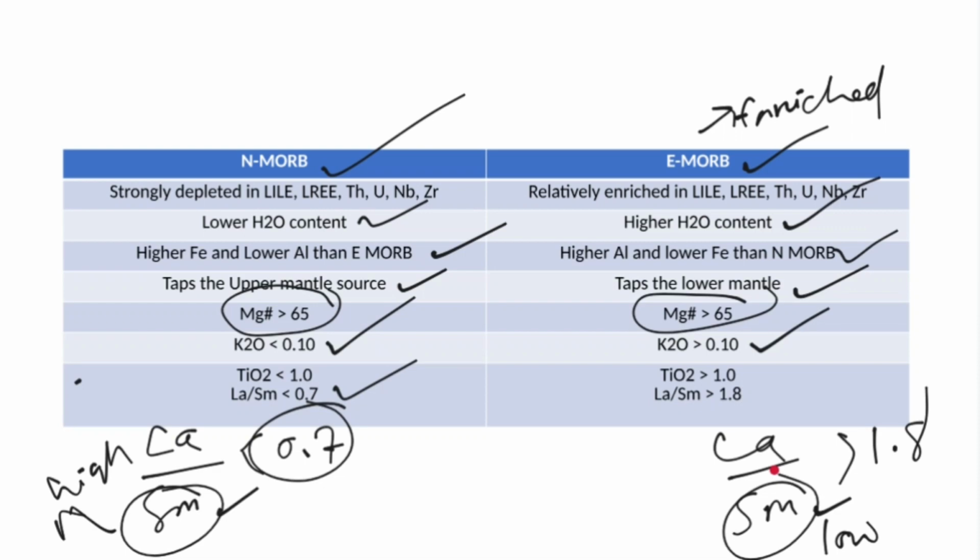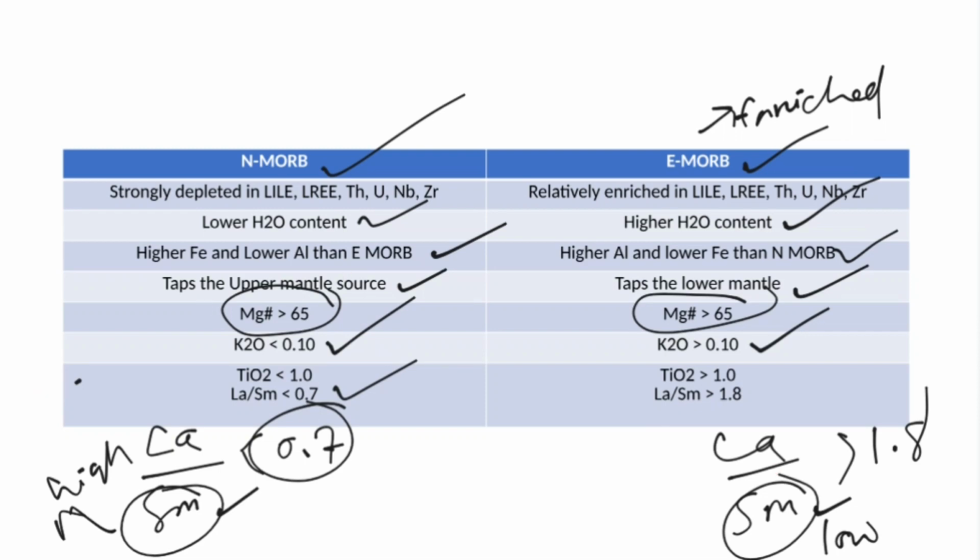I have already told you that the mantle is higher in samarium neodymium content. So when we are talking about the mantle, the lower mantle is the enriched one, and the upper mantle is the depleted one. Samarium lives there where depletion is more. So samarium will be in the N-MORB or in the upper mantle portion.